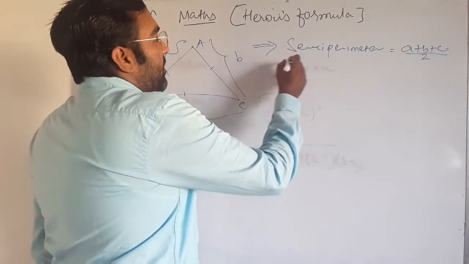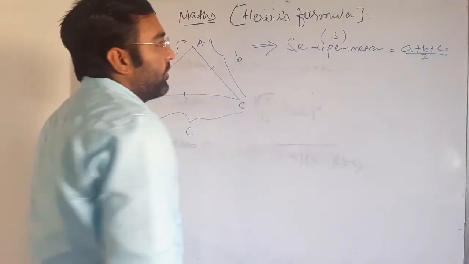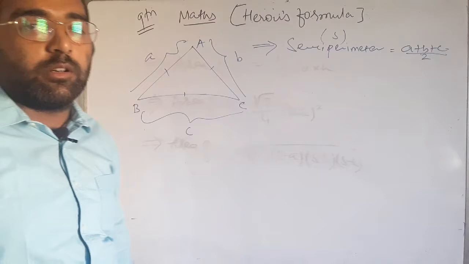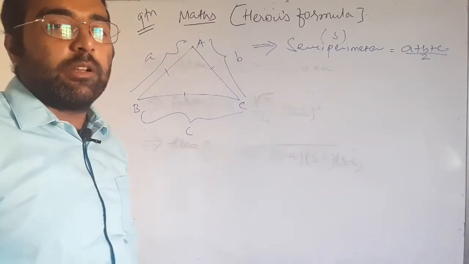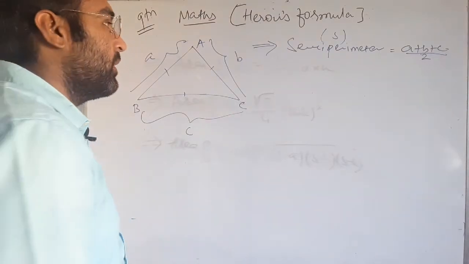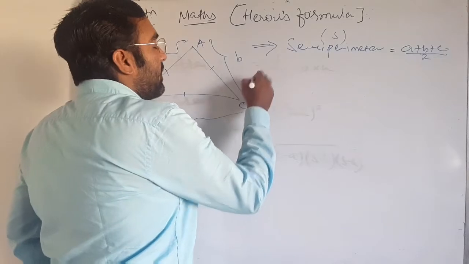Now we denote the semi perimeter as s. So what is the area formula?